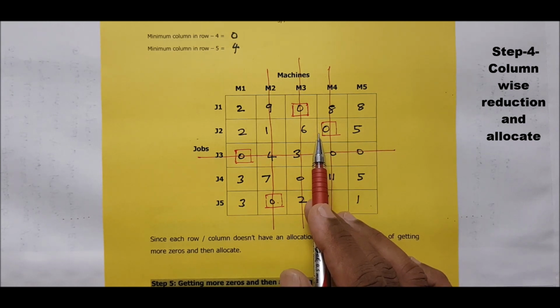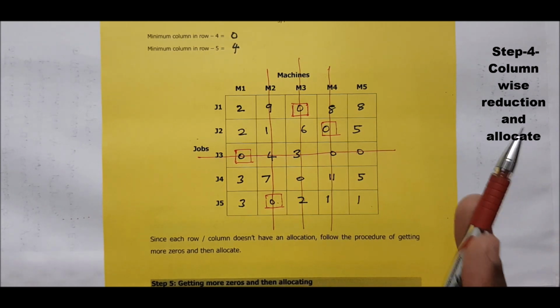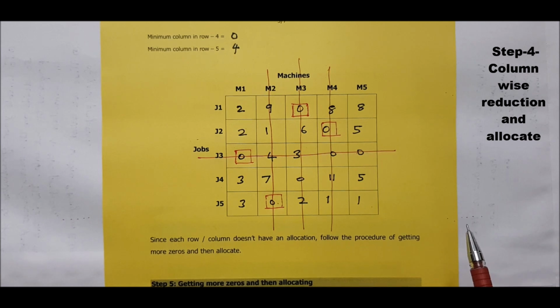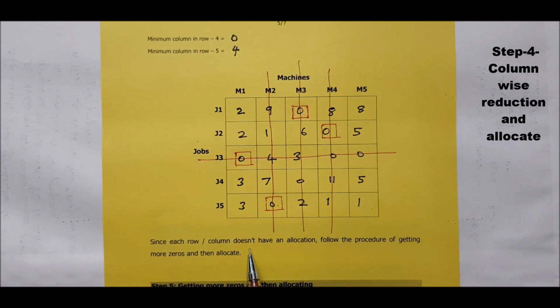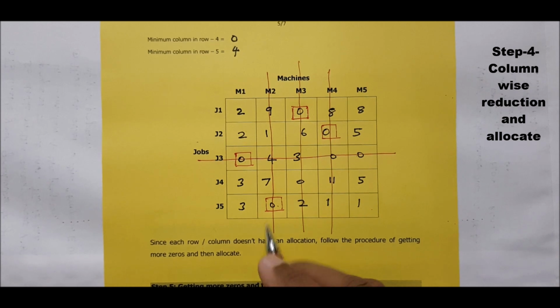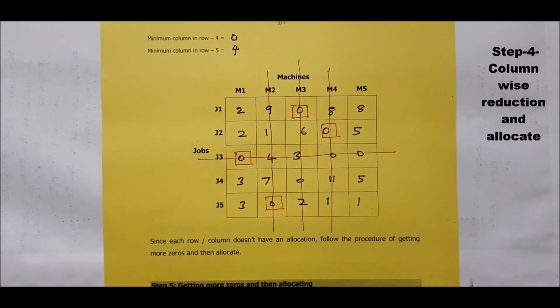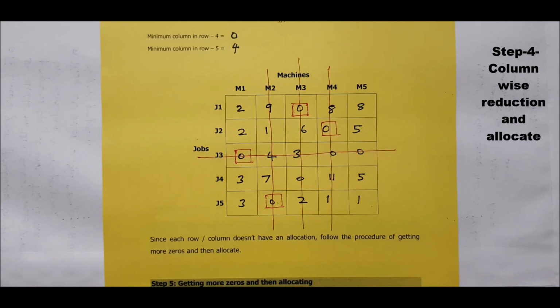Since it is not there, the problem is not yet over, and hence we have to go in for step 5. Since each row and each column does not have an allocation, we have to go to step 5. That is, the number of allocations is only 4 and it has to become 5, and until then we have to keep proceeding. This is what is step 4.